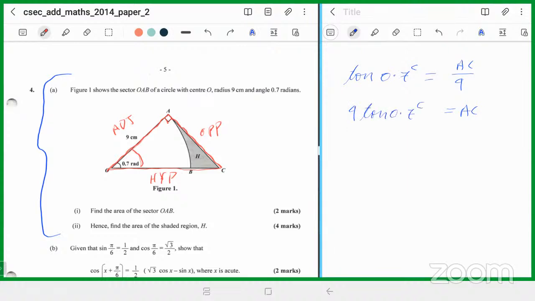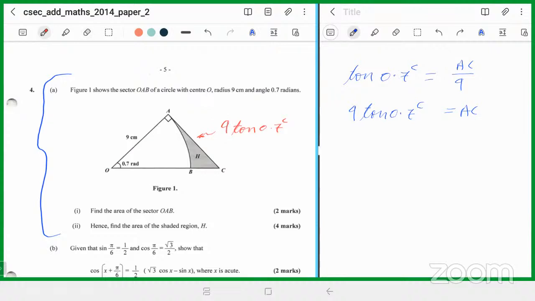I can work out the value, or just leave that for now. That's the length of this side, so let me put it on the diagram. I now know this side is 9 tan of 0.7 radians. I don't have to work out the actual value.